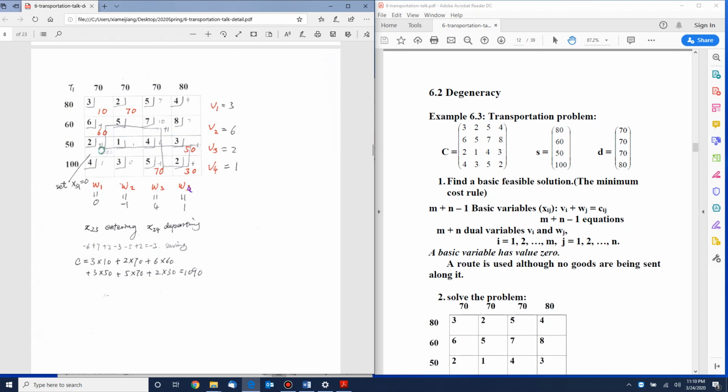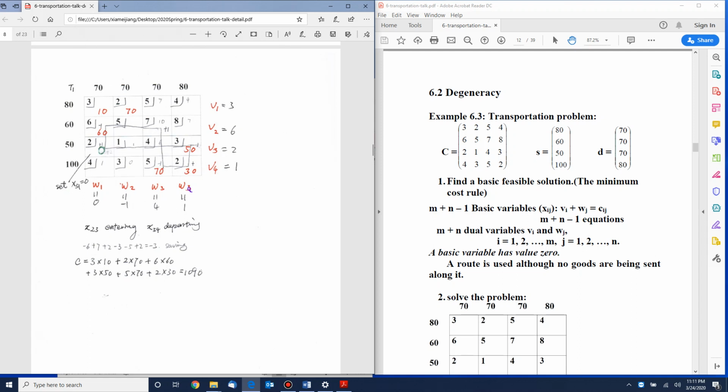Then 7 minus 8 less than 0, and 1 minus 1, 0, 6 minus 2, 2, 6 minus 4, 2, and 1 minus 4 less than 0, 0 minus 3 less than 0, right? And so in this way, that 10 minus 7 is the largest positive value of vi plus wj minus cij for non-basic variables.